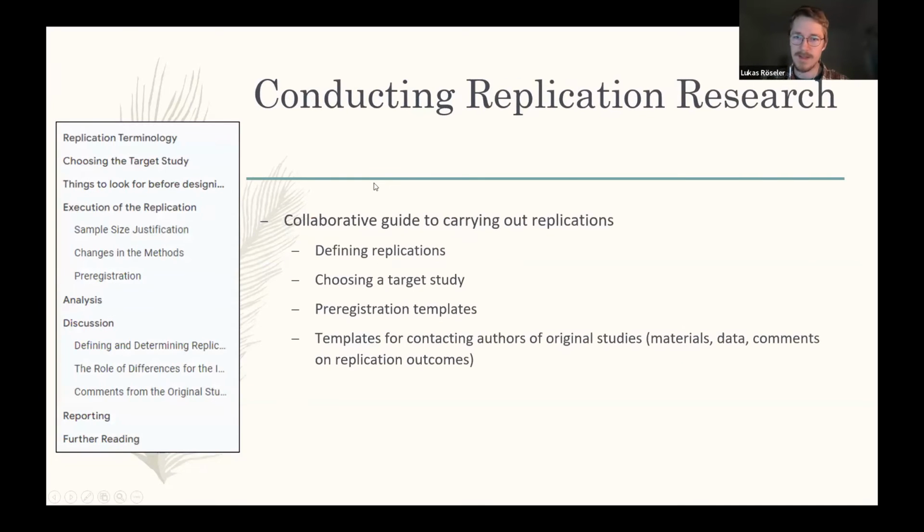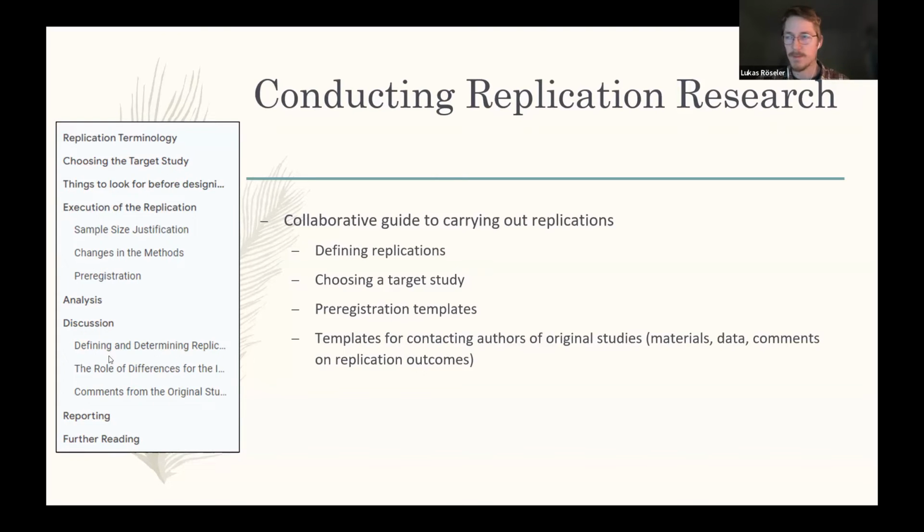As for conducting replication research, this fits well with FORRT's core mission, which is about training. So it's obvious that we are interested in creating and sharing materials on how to conduct replication studies. And what we are doing is that we are currently coordinating with people who are experienced in conducting replications and want to create materials that can help students and other researchers.